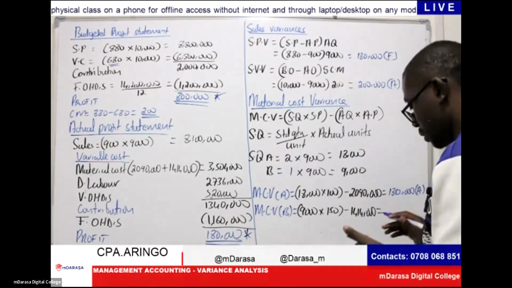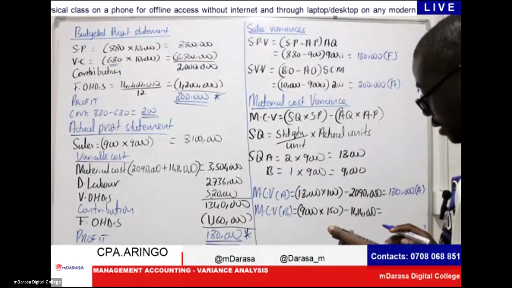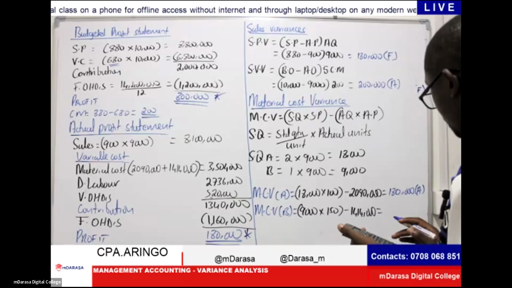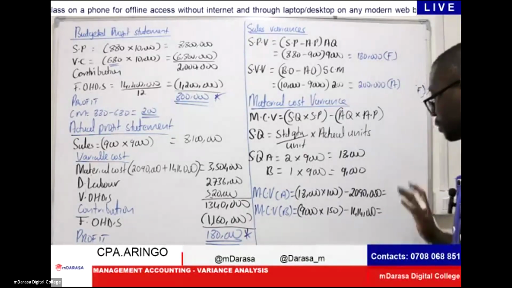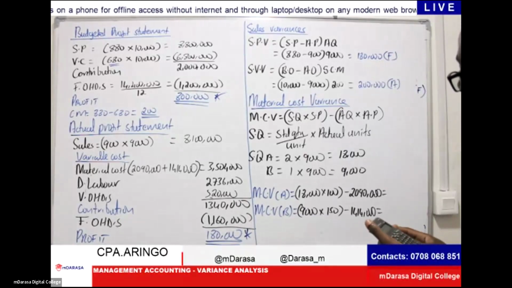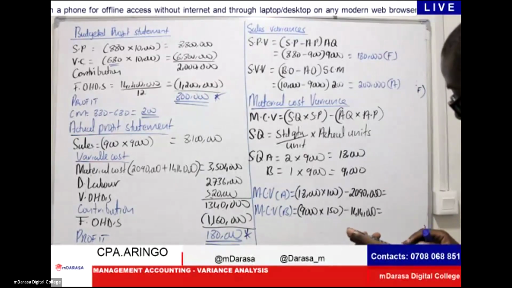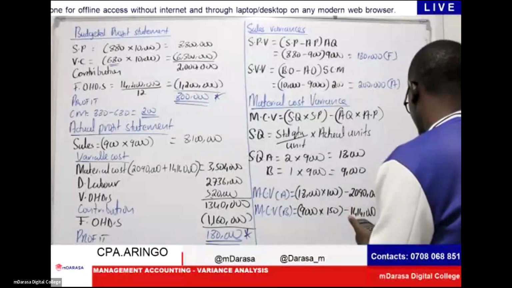That is 18 by 100 minus 2090. Let us do this together again slowly. We have 18 by 100 minus 2090. The answer is 290,000, correct? Adverse.